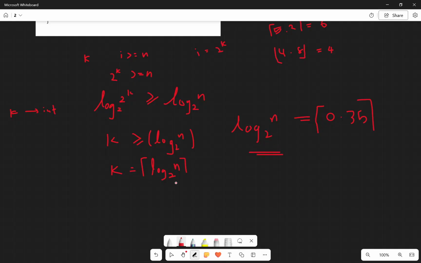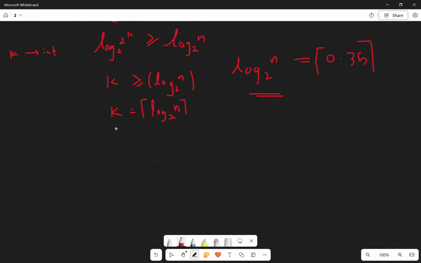So therefore this value satisfies this inequality. Therefore we can say k equals this value.